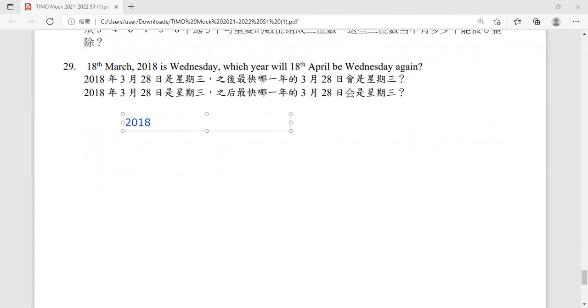So this is because every year is equal to 52 weeks and a day, but for a leap year it will be 52 weeks plus 2 days. So you just consider leap year plus 2. Every year you can plus 1 or plus 2. So 2018 will be a Wednesday, and 2019 it will be a Thursday, and 2020, but because this is a leap year, this year becomes a Saturday.